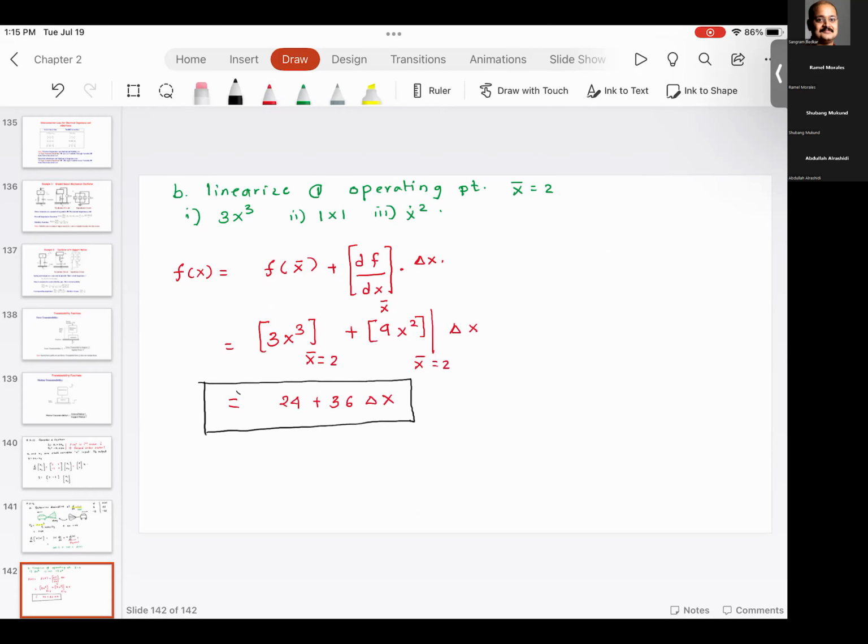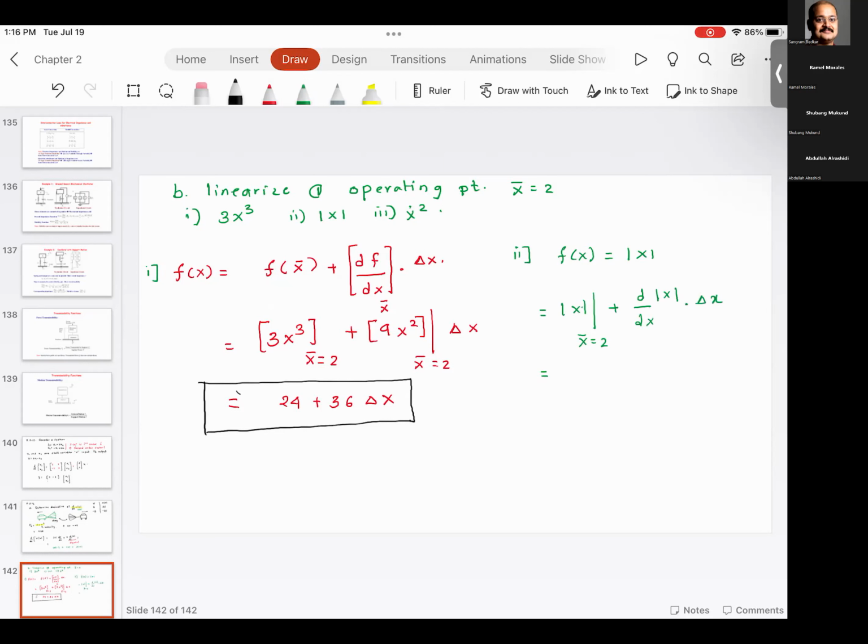Now let's try to do this for linearization of norm of x. So f of x is equal to norm of x, or absolute value of x. Once you linearize, this is going to become x bar equal to 2 plus d by dx of norm x, delta x.